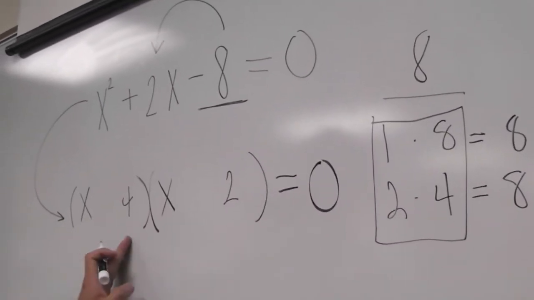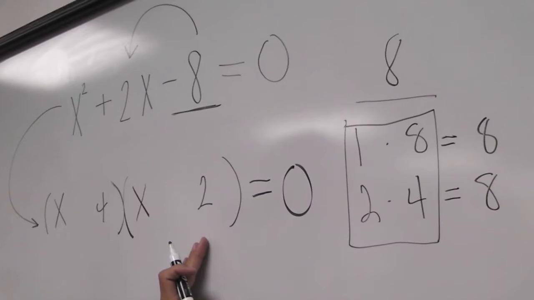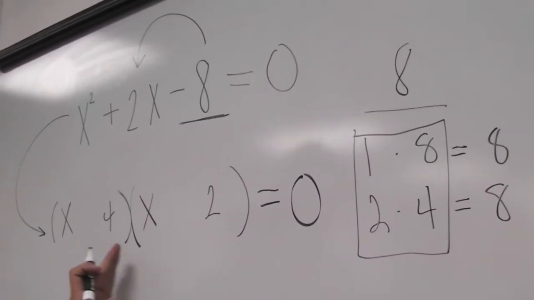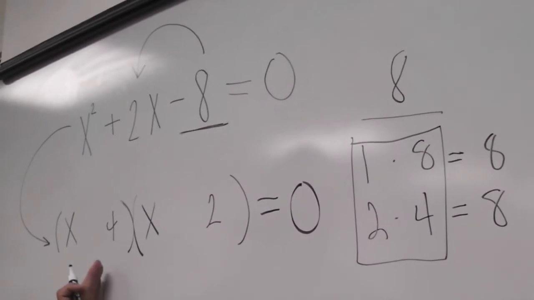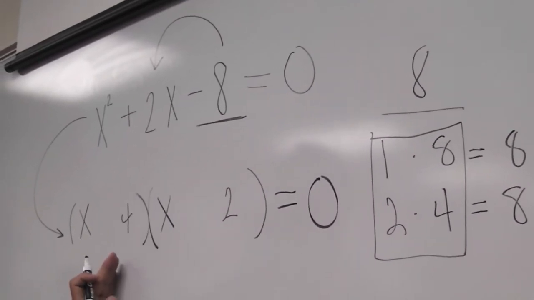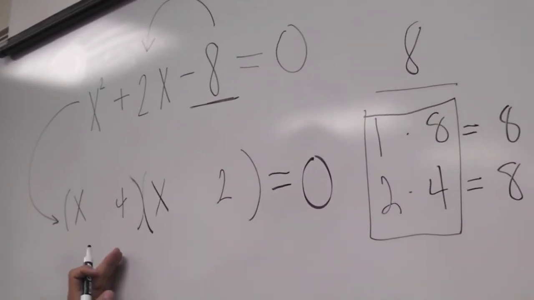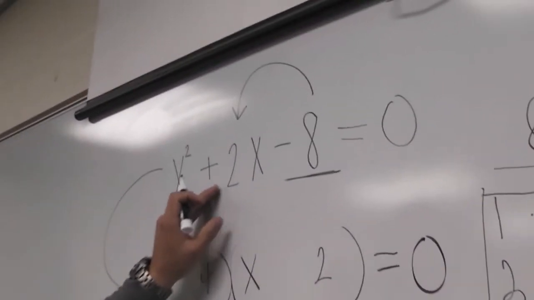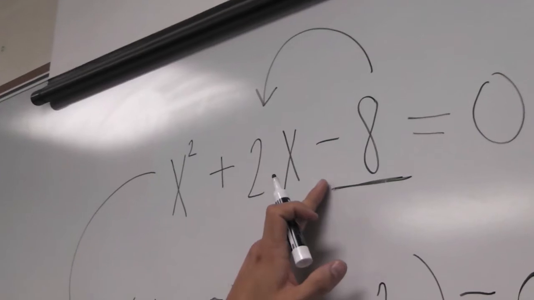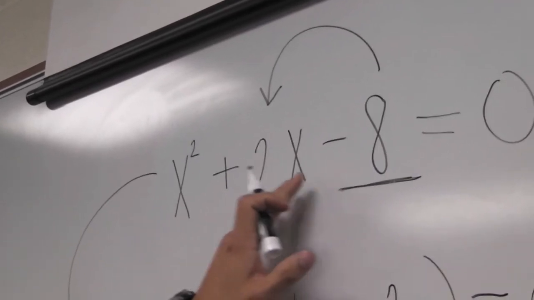But right now, we're just going to leave it the same, and we're going to think about it in another way. We're going to think about it as like, I know there's a 4 and a 2 because this has to be the numbers. But where does my plus and minus go? That's the hard part. Well, you have to look at your problem again. Remember, it's approach. What is the sign here and here?